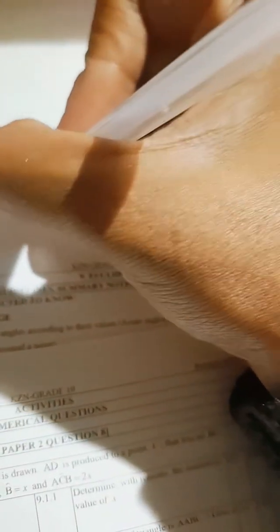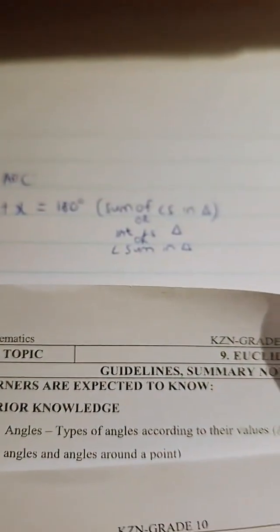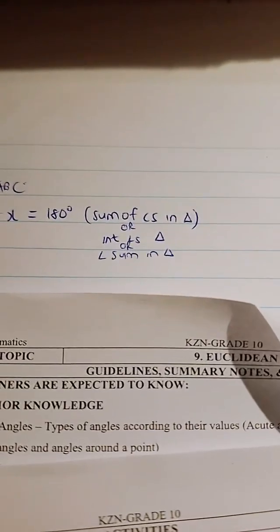Okay. That is not the only reason. You could give this one as well: interior angles of a triangle. Or, if you don't want that one, angle sum in triangle. So you have three good acceptable reasons that you could use.